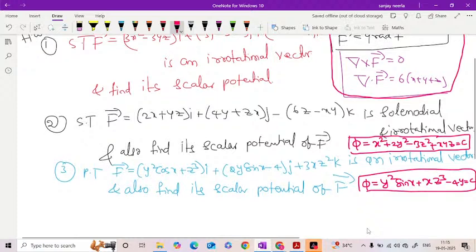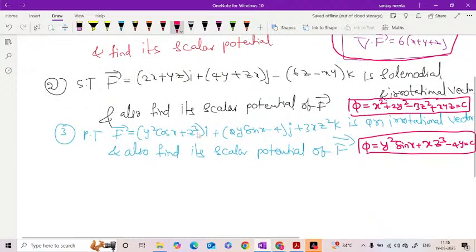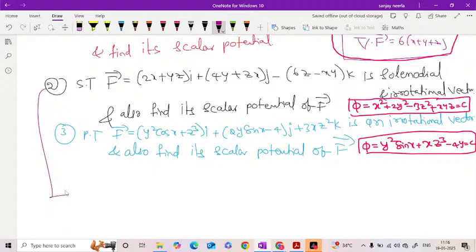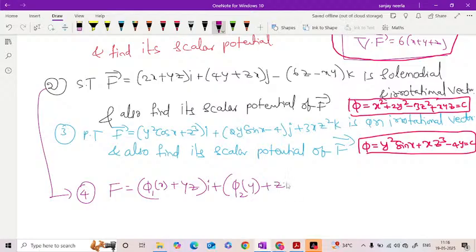Now from the second problem, I will write the general statement. Suppose f is equal to a function of x plus yz, I, plus a function of y plus zx, j, plus a function of z plus xy, k.